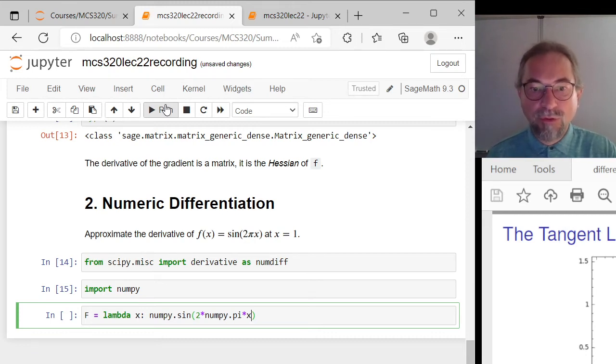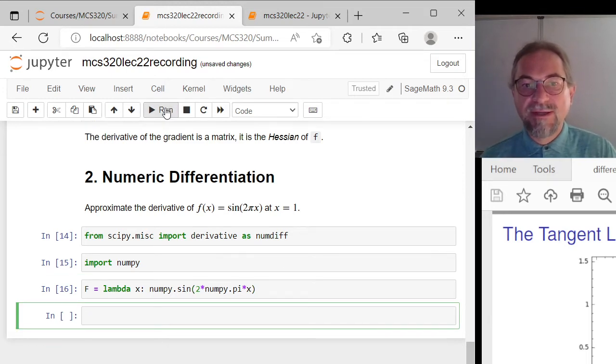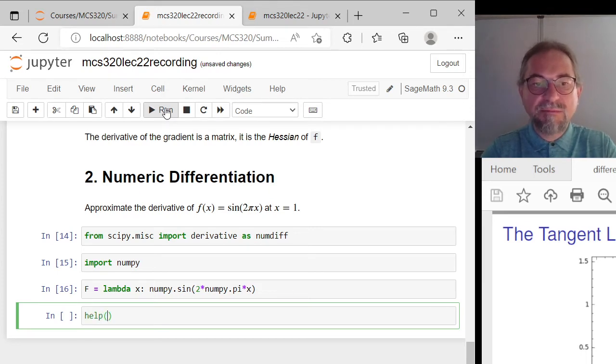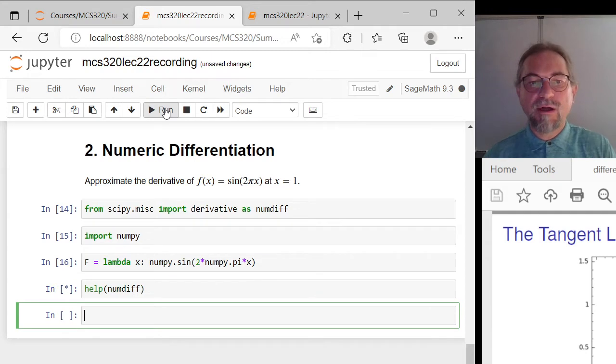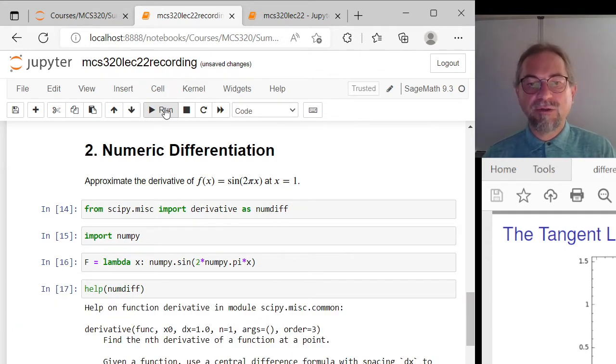If I would not replace pi by numpy.pi, then my result would still contain this numpy. I should say at this point I've practiced this, so I have prepared, but it would be good if you would do the help from numdiff.